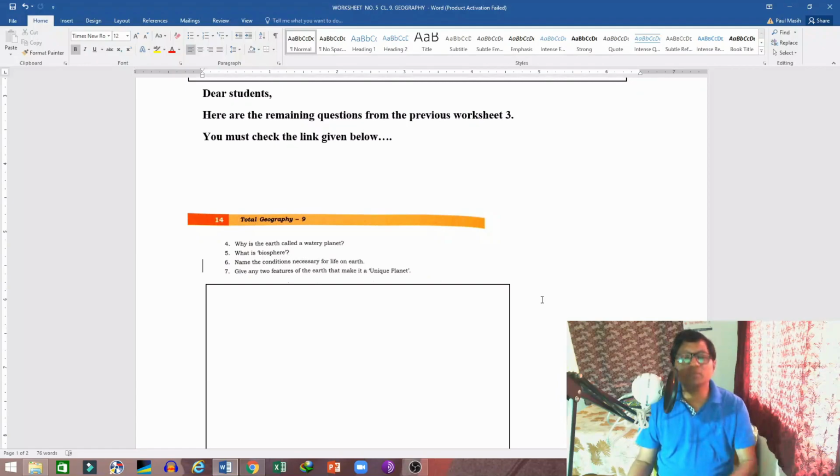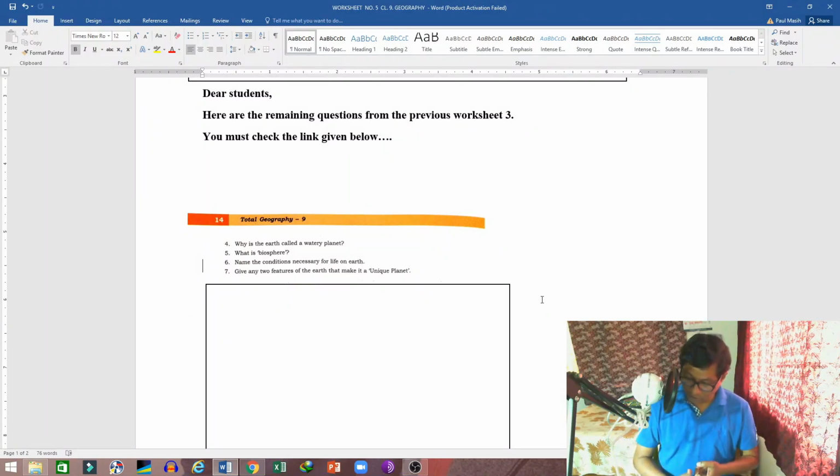Now we come to the next question, that is, what is biosphere, right? Biosphere is a narrow realm of contact and interaction between the atmosphere, lithosphere and hydrosphere.